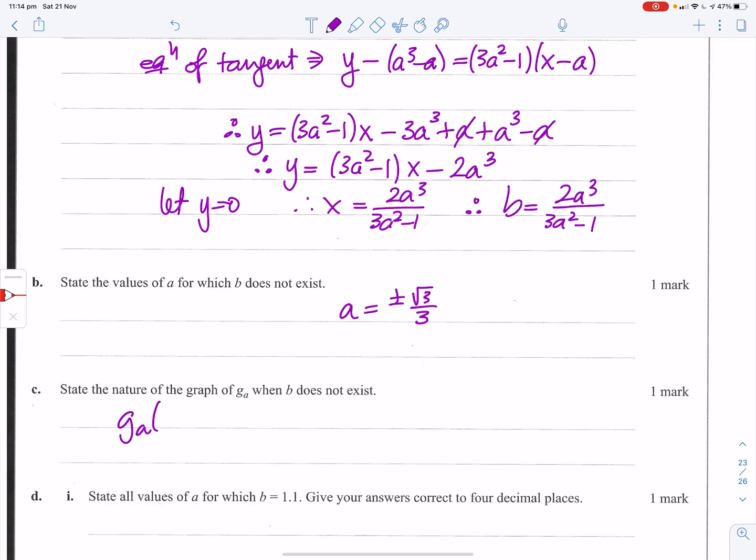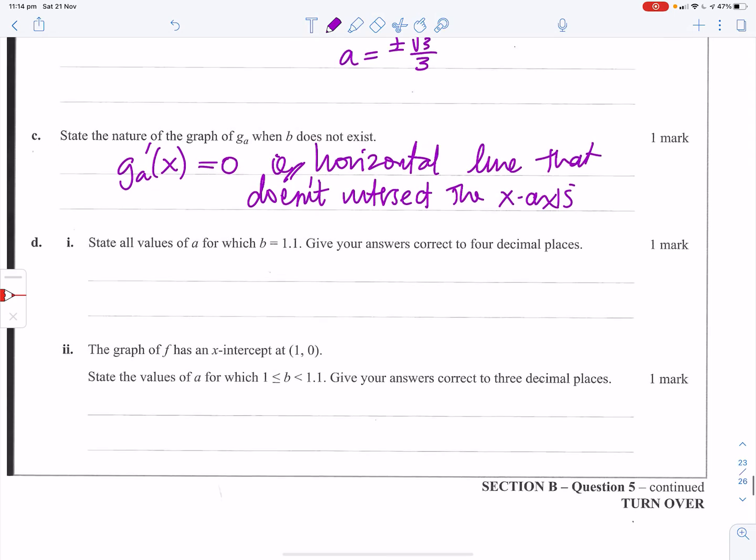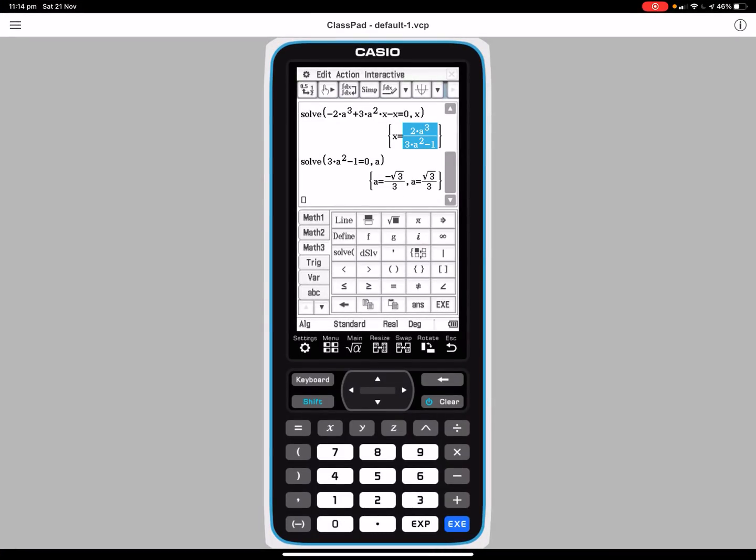G dash of A equals 0, i.e. it's a horizontal graph, line, that doesn't intersect the x-axis. State the values of A for which B is equal to 1.1. That's B equals 1.1.